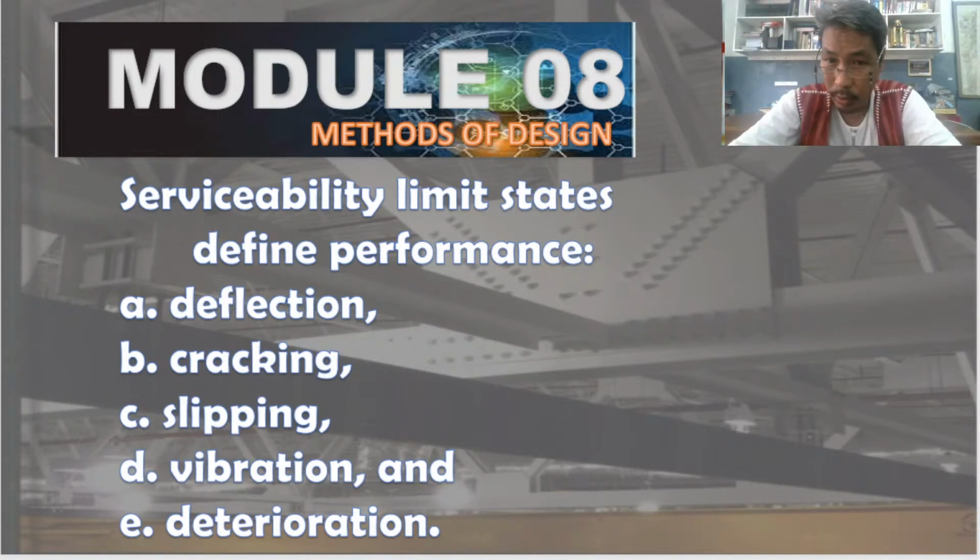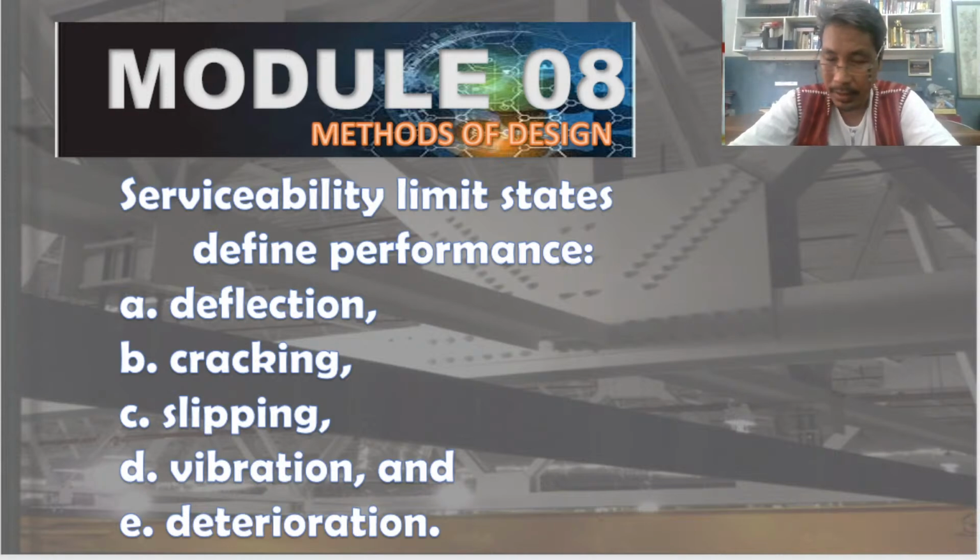We already know what we mean by deflection: how much the beam or our element would deflect. B, cracking, is the physical phenomenon of having broken, a separation of a group of particles.